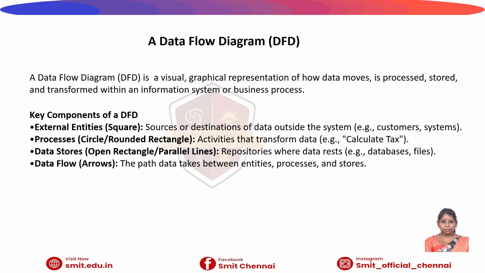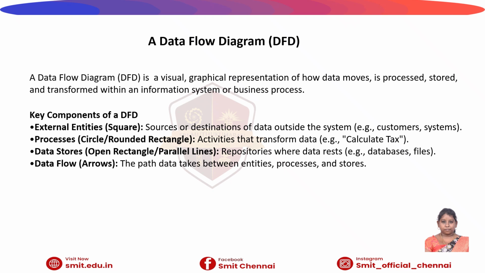Next is the process. Processes are represented by a circle or rounded square. The work of a process is to transform the data. Here we calculate the salary, generate the invoice, process an order, like that.